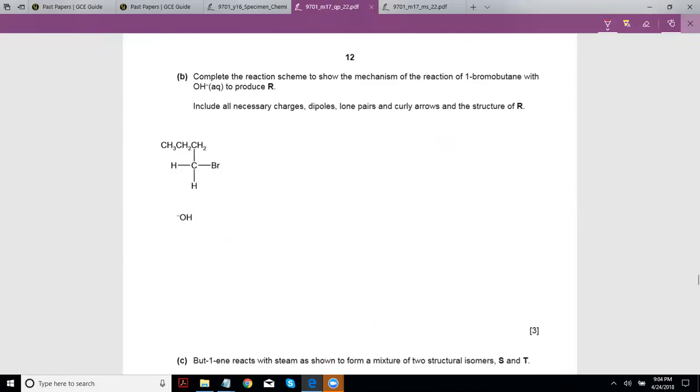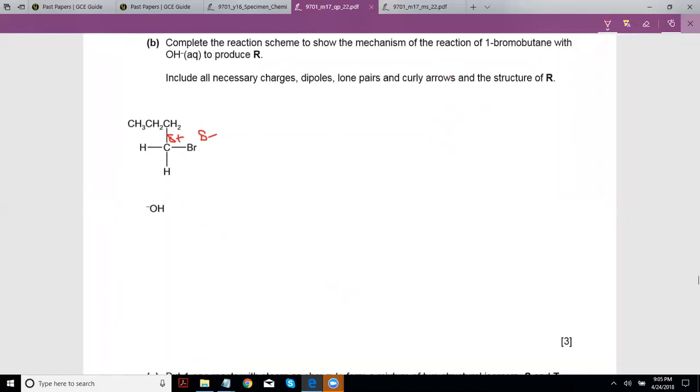So this has slightly negative, this becomes slightly positive. Why is that? Because halogens are electronegative, not all of them highly, but they are, because electronegativity increases left to right. So because of that, you need to draw the lone pair here.